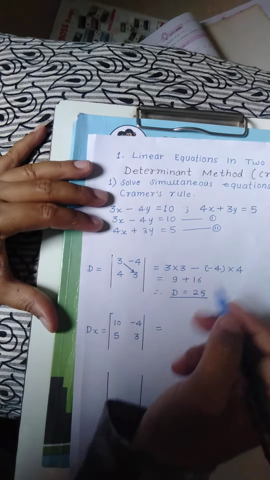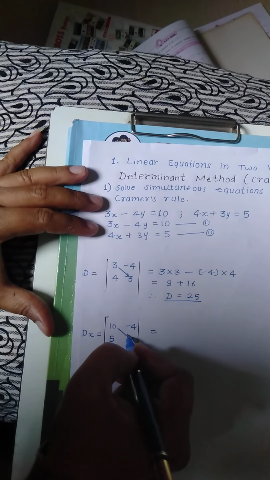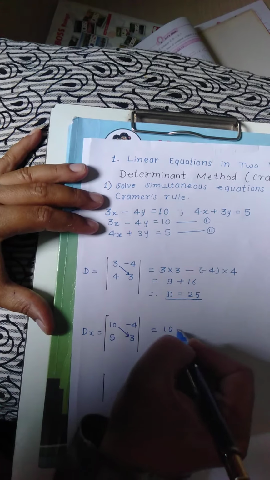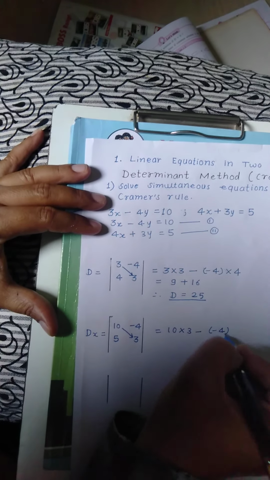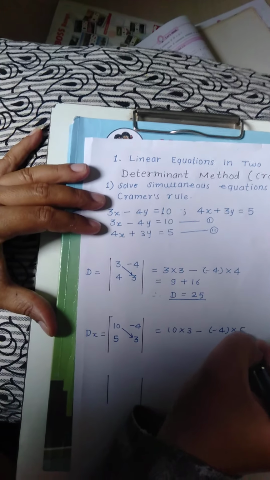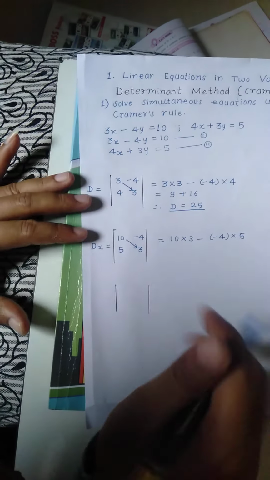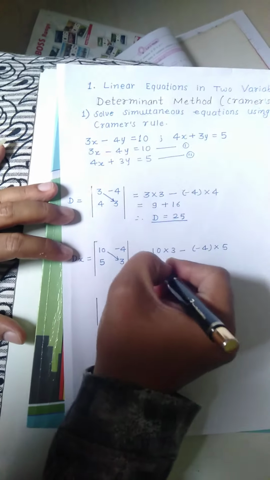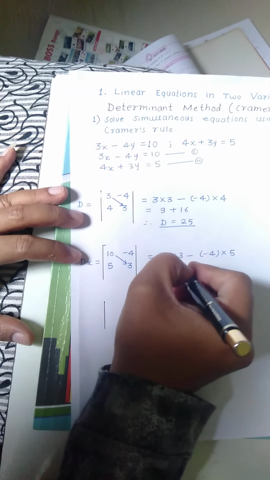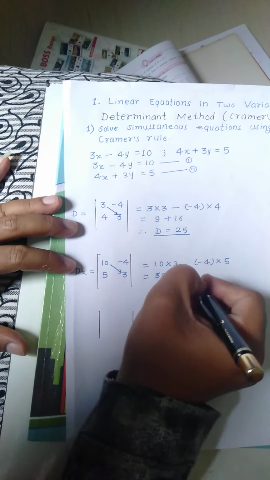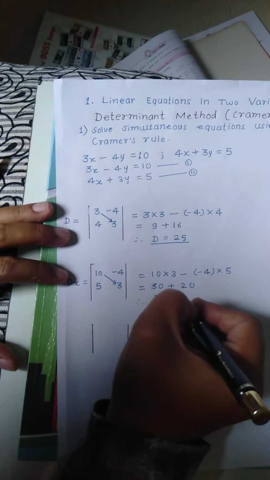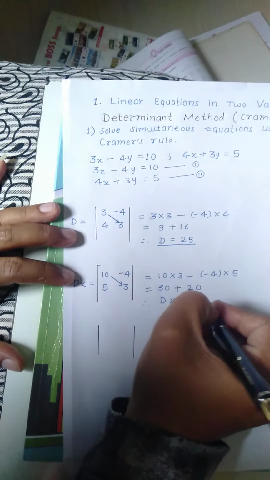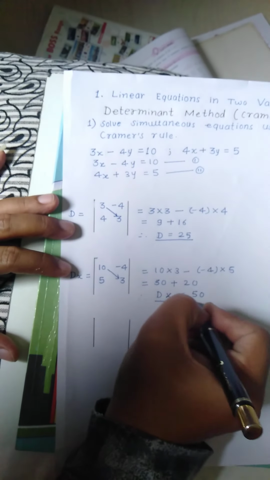Now the same method, cross multiplication: 10 into 3 minus 4 into 5. 10 3s are 30, minus minus plus 4 5s are 20. So the value of Dx is equal to 50. This is the other value.